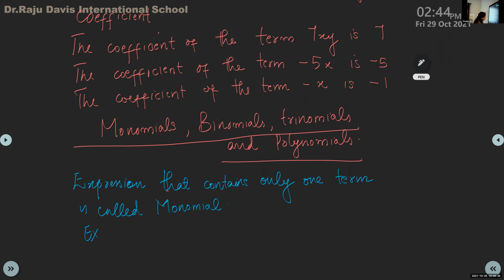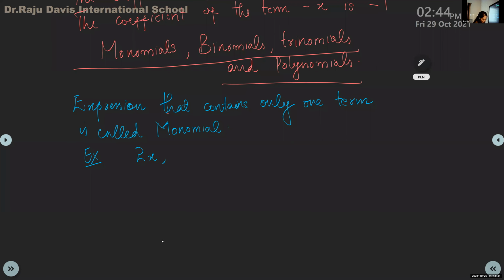Example: 2x, 85, simply 85, 8, negative 5y, negative 7zx, 4x square. These are all examples of monomials.